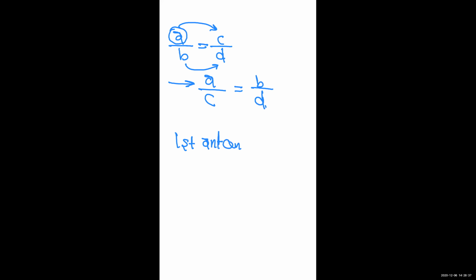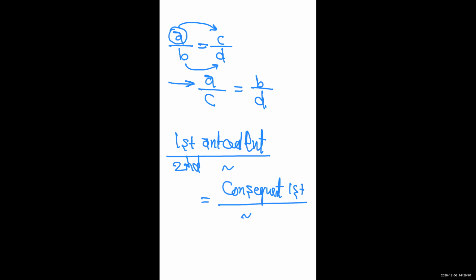If A over B equals C over D, then A over C equals B over D. So this one, the antecedent of the first ratio over the antecedent of the second ratio equals the consequent of the first over the consequent of the second.